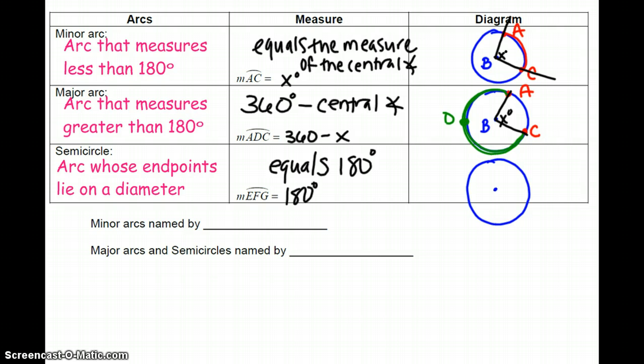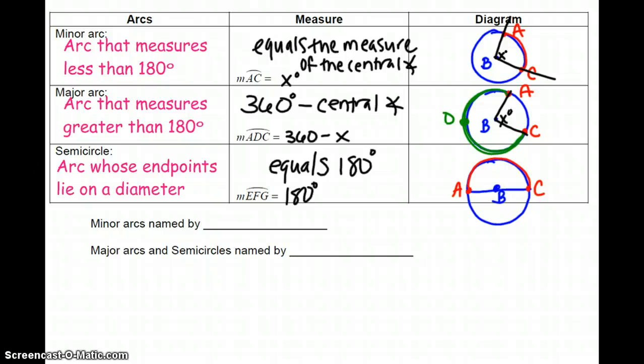Well, from 11.1, we know the diameter cuts through the middle of the circle. So here's my middle, once again at B. And I'm going to go ahead and call my diameter AC. Here are those endpoints, A and C. The semicircle is that arc that connects A and C. It connects those endpoints of the diameter. Half my circle equals 180 degrees.